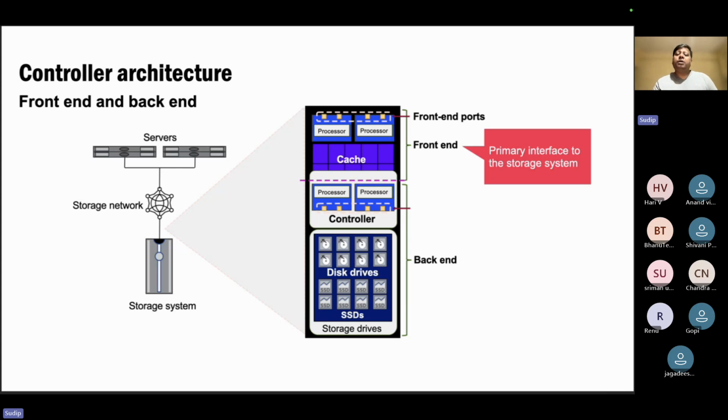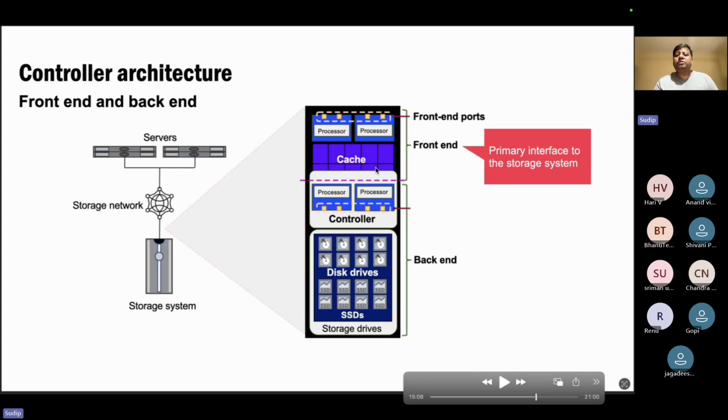Because as we know, RAM is volatile, and if there is no power, whatever is the content of this RAM or cache will get wiped out. So the storage has to quickly do something about it. What it does, we will learn later. But for now, understand that whatever data is being read or written to the storage system will temporarily be stored in this cache.